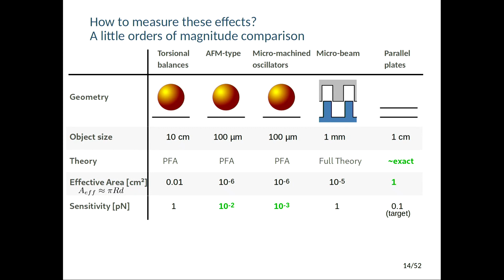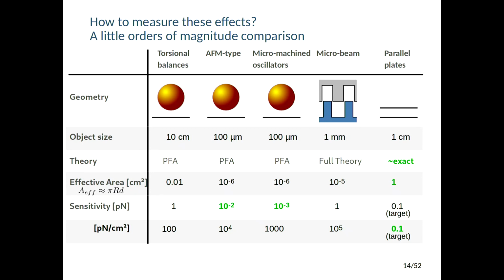But we have to consider something else here. It's not the total sensitivity that counts, but it is the sensitivity per force generating area. Why is that? Because if you have an interaction that depends on the separation between your objects, then your actual force is generated only by a tiny patch near the point of closest approach. So despite having a large object, you lose a lot and you have very small generated forces.